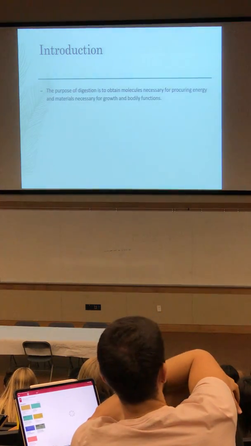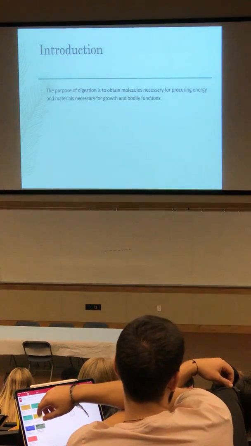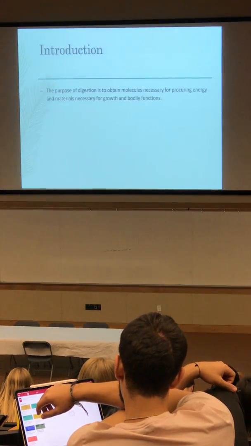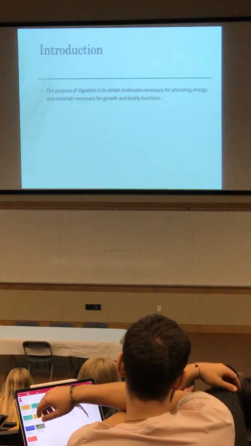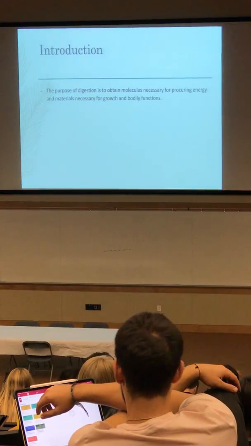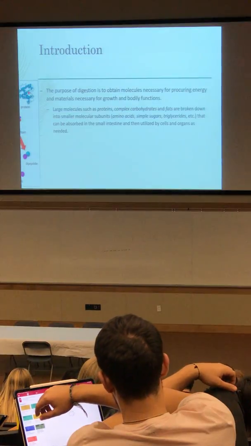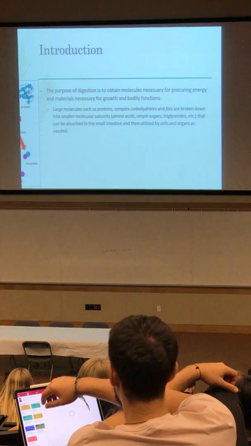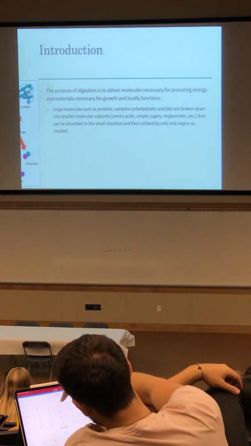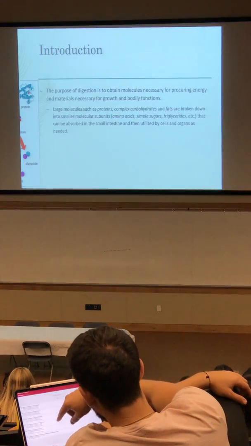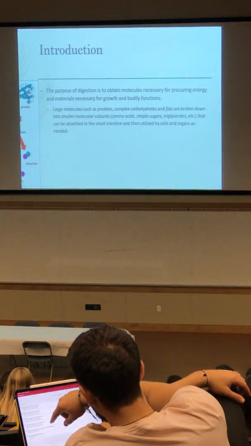All right, so the purpose of digestion, as you're probably aware, is to obtain molecules necessary for procuring energy and also raw materials from which to build various other molecules in the body for growth and bodily functions. So large molecules such as proteins, complex carbohydrates, and fats are broken down into smaller molecules, their components such as amino acids, simple sugars, triglycerides, and so forth.